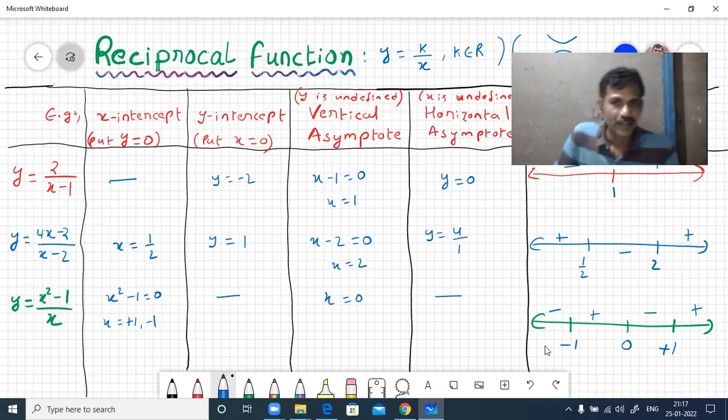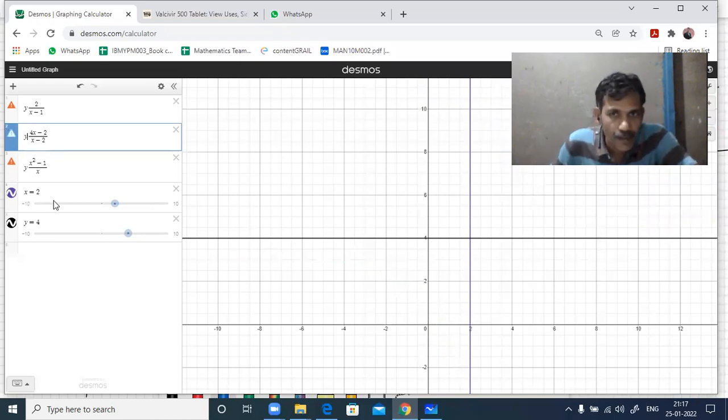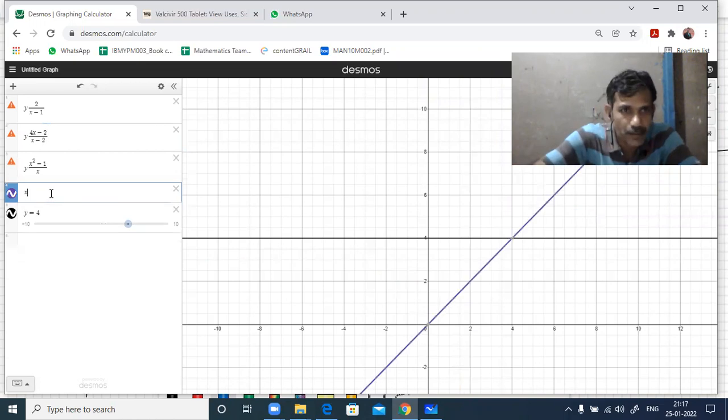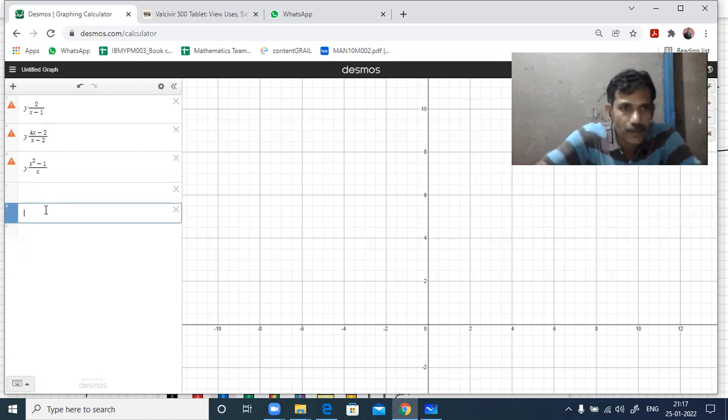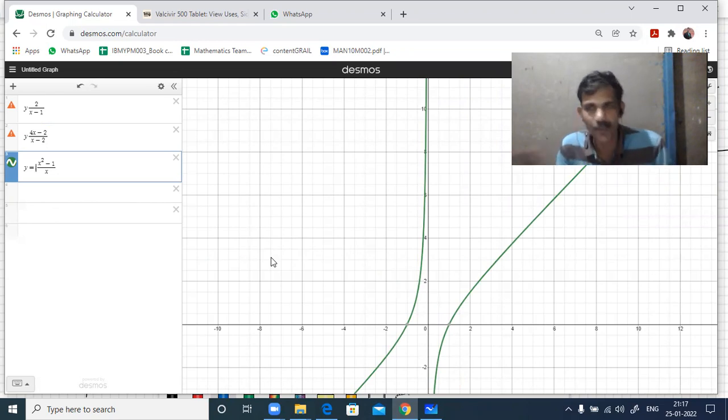Now we'll see the graph, then we'll come to know. See, y equal to x square minus 1 upon x. The y-axis is the vertical asymptote, there is no horizontal asymptote.